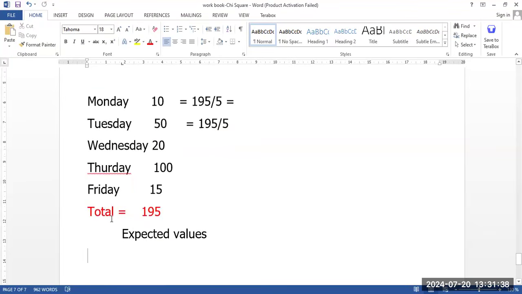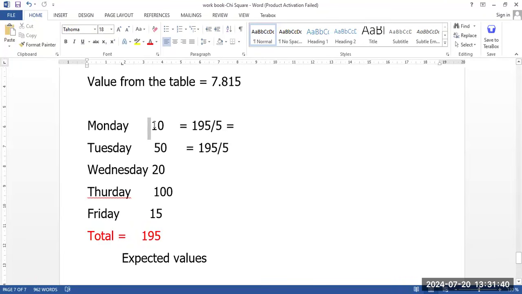Then you go ahead and get the value from the table. If this is our observed data, what will be your V? Not 195. V, the degree of freedom. You ask yourself, what is the number of rows? First row, second row, third row, fourth row, fifth row.